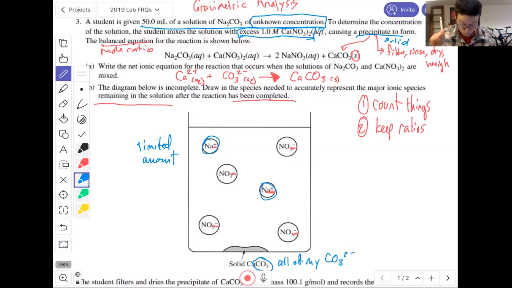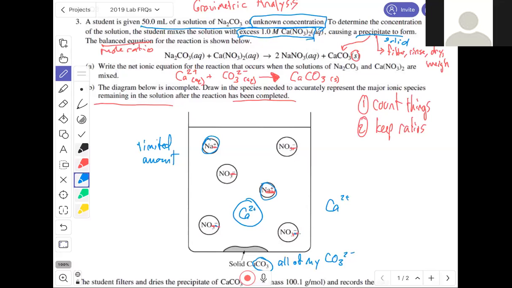But you are correct that the first thing Carl noticed was that there is not a correct ratio of positives and negatives here. So I have right now 2 extra negatives. So in this drawing, I need a single calcium. Yeah.